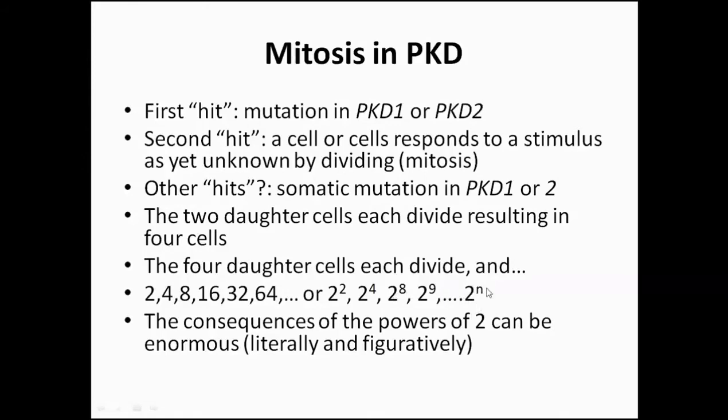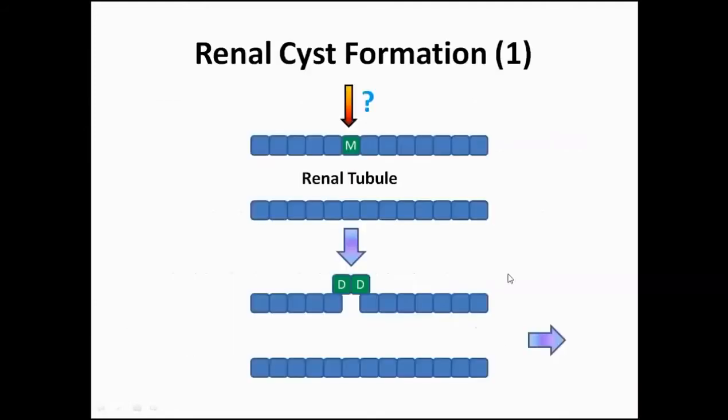And 2 to the n is where you really get into trouble with PKD, because that means these cells have been dividing for a long time, and the consequence of the powers of 2 can be enormous, both literally and figuratively. 2 to the power of 60, for example, is a very, very long number, and it also implies a very large number of cells. So this is my conception.